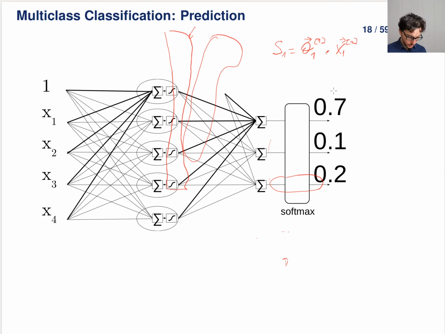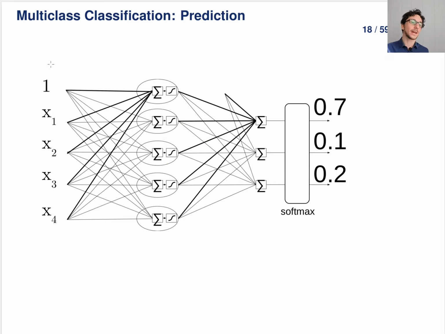Suppose we have a certain event with features corresponding to network measurements, and in the output we have 0.7 probability of that event being class 1, 0.1 of being class 2, 0.2 of being class 3. The highest probability is for class number 1, so we will classify that event as class number 1.